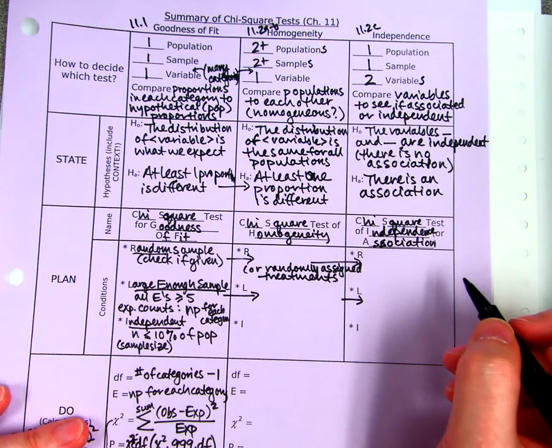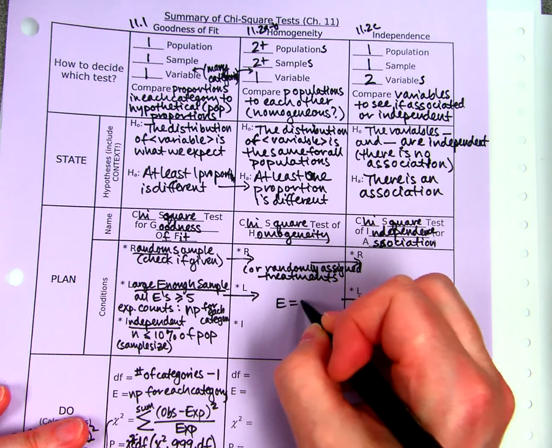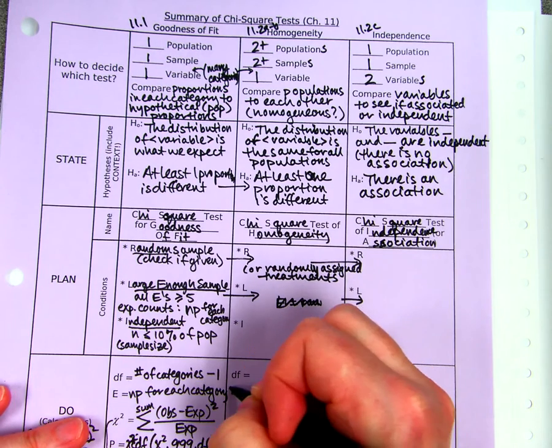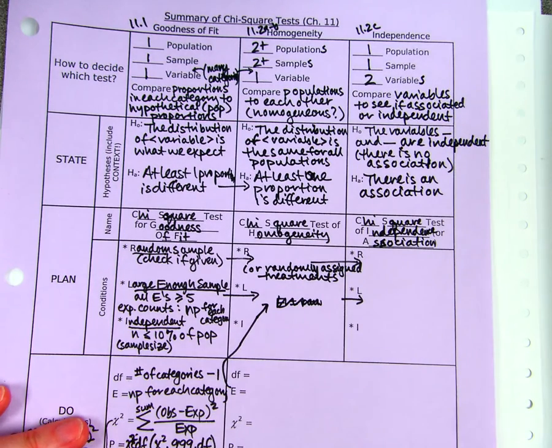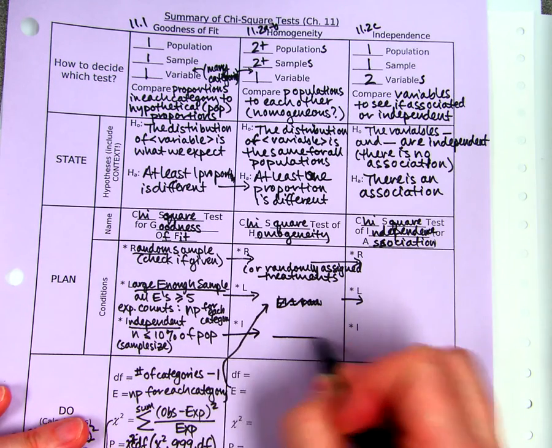The only difference is how you calculate the e's. So over here, you would do e equals the row total. Actually, you know what? I'm not going to write it here. I'm going to write it down there, in the calculations section, but you would check the smallest e. And then the independent less than 10% thing, also true for both of these also.